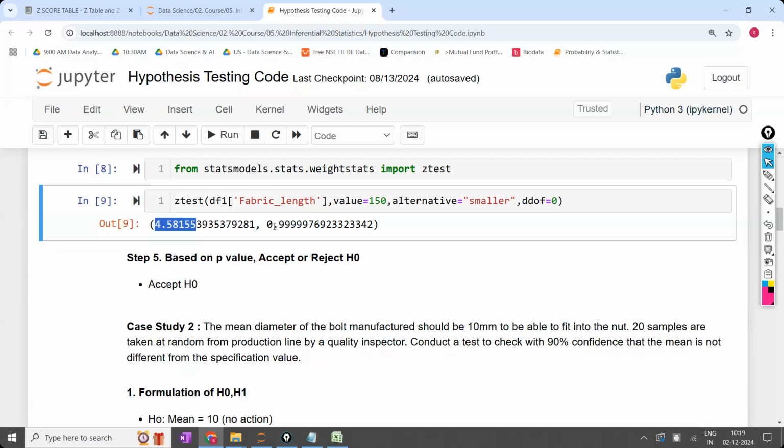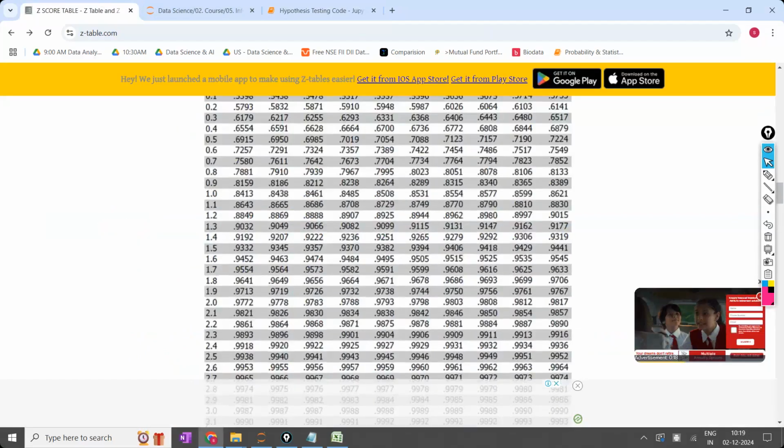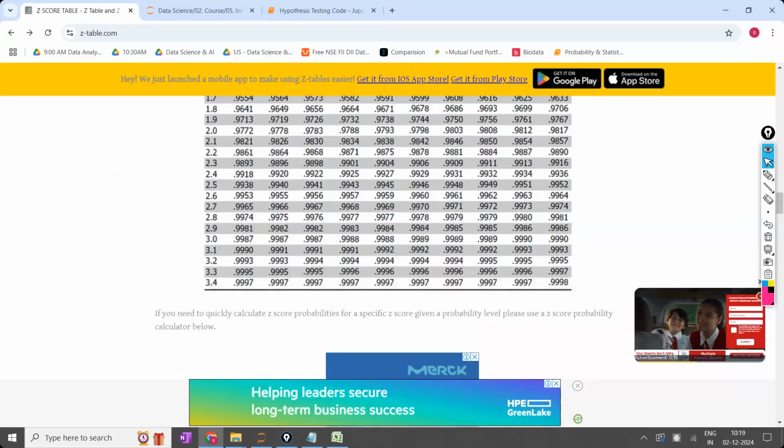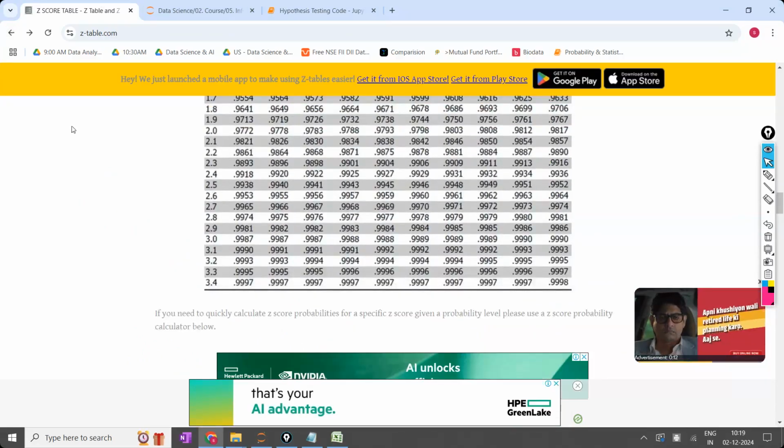Open the z table. In the z table, for 4.59, what is the p value? Tell me. In the z table, you'll have the data only between -4 to +4. That is the maximum value. 3.49 only is the maximum number.